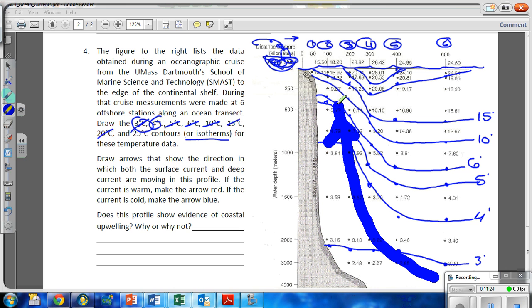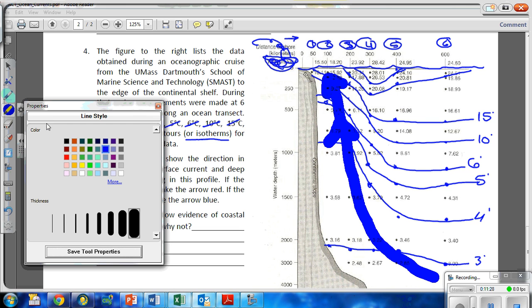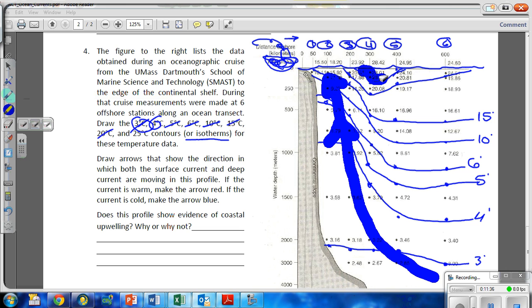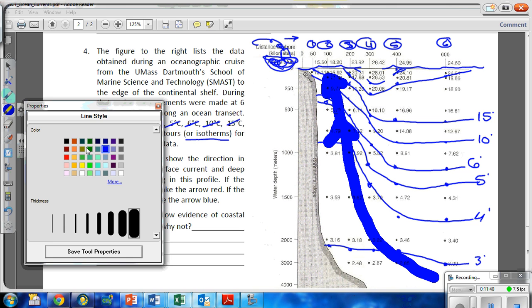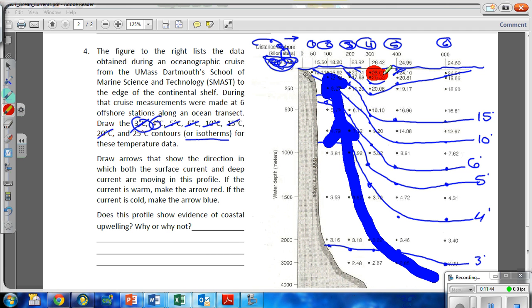And when that happens, as the cold water continues to go up, it forces warm water, such as this, to move. This pocket of warm water has moved offshore. So this is a good example of coastal upwelling.